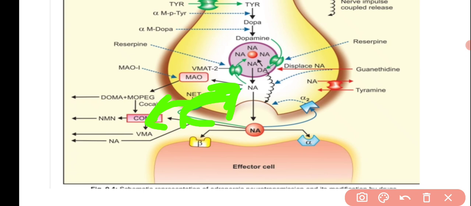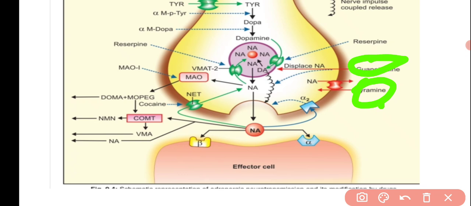Those are the drugs that modify adrenergic transmission. Apart from this, some drugs like tyramine, guanethidine and ephedrine interfere with it. Guanethidine displaces the noradrenaline from the storage vesicles into the cytoplasm, whereas tyramine acts by exchange diffusion.